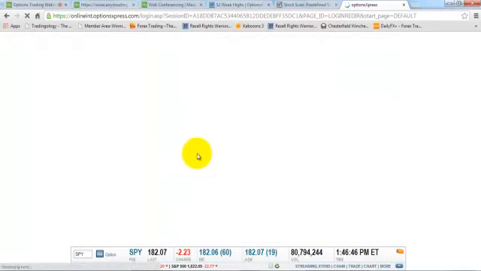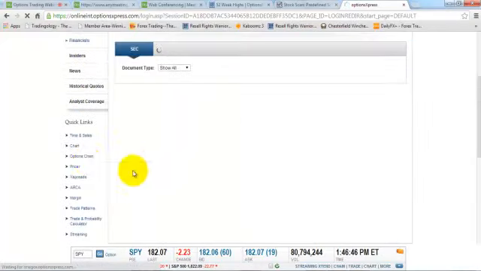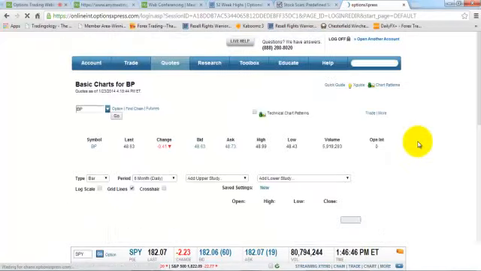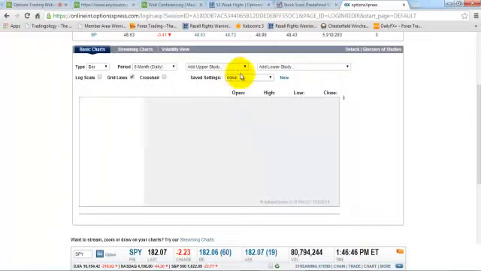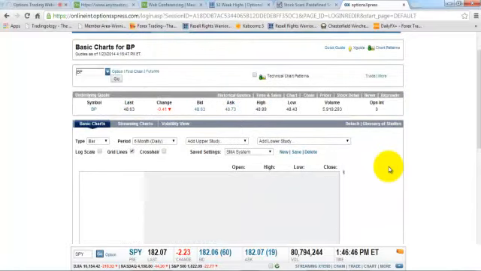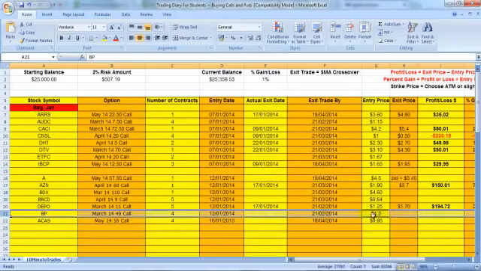BP, let's see the chart. Okay, we entered BP at $1.20.